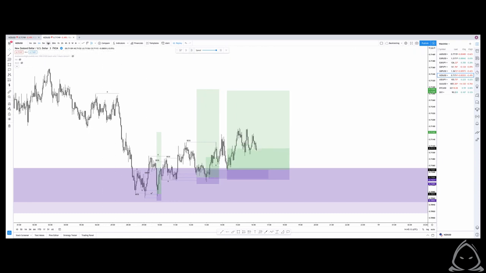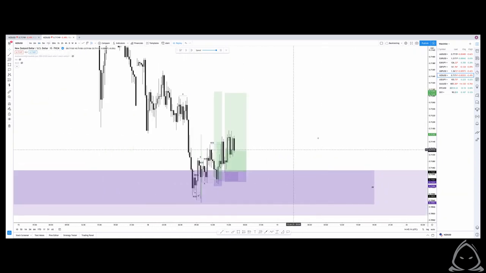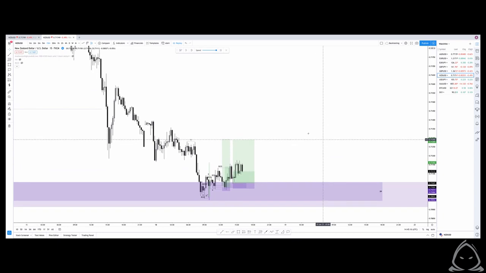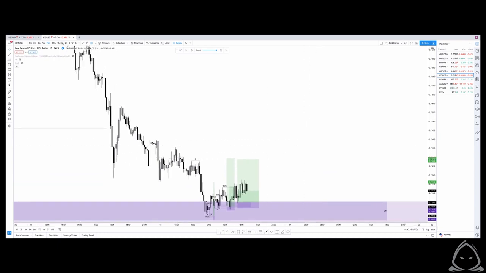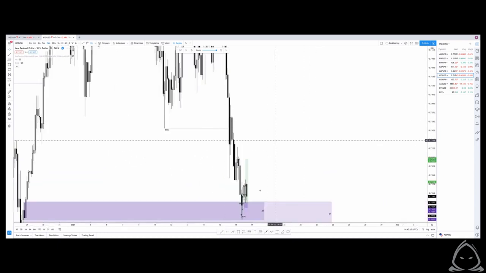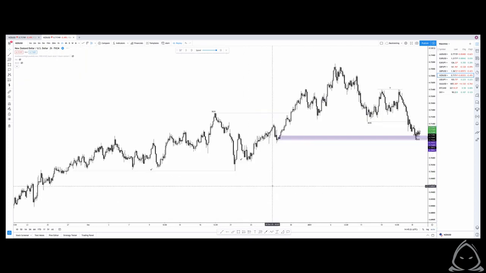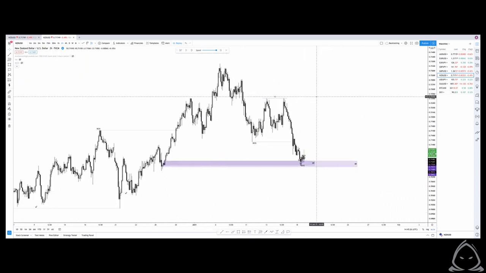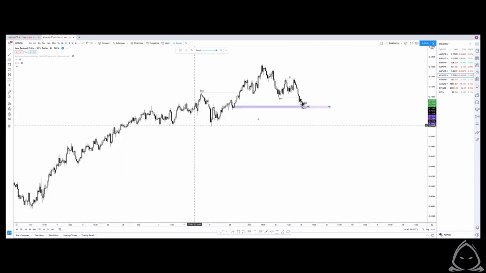So I think if we drop up to the 15 now, obviously overall my target, I haven't actually shown that, might help. Target wise, I'm expecting a sweep of these equal highs. But I wouldn't be surprised if we don't have a reaction from these areas, because remember, we have broken structure now. Nothing's really that clear.